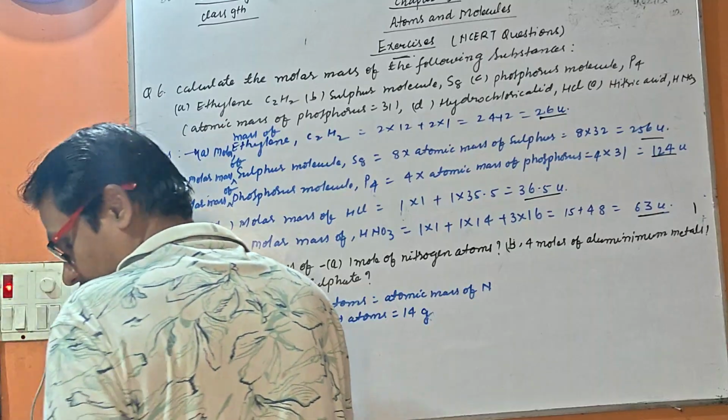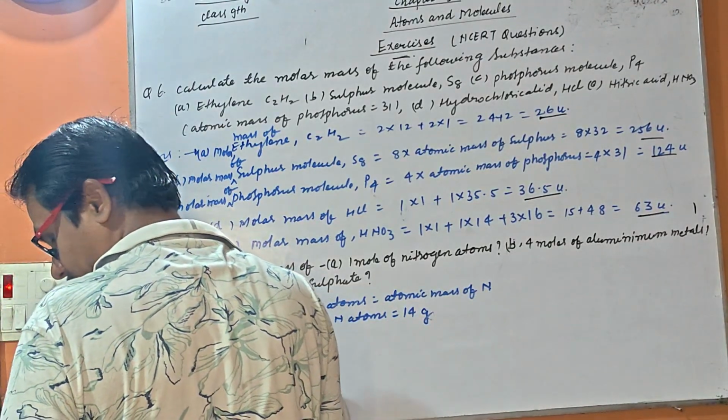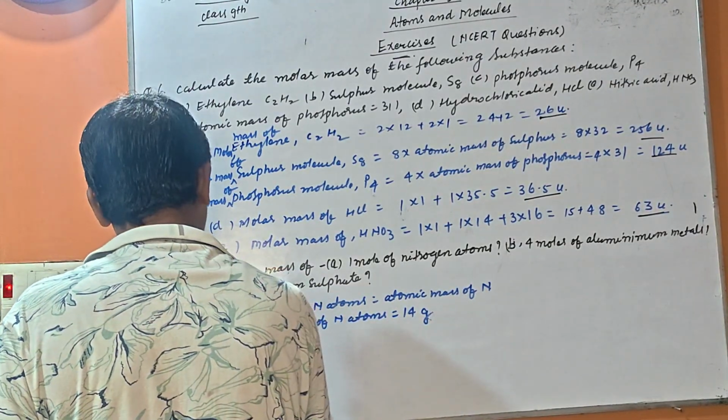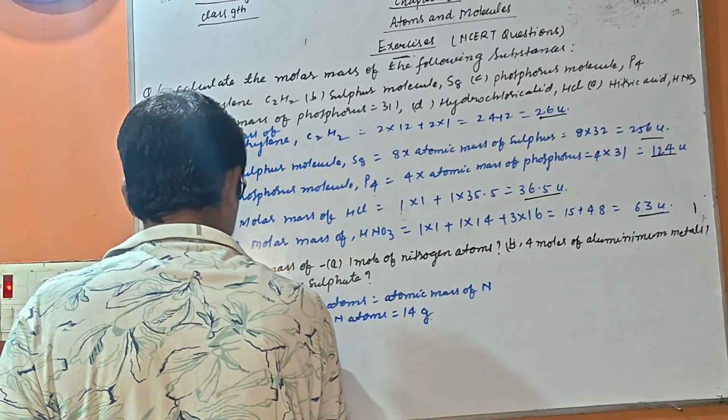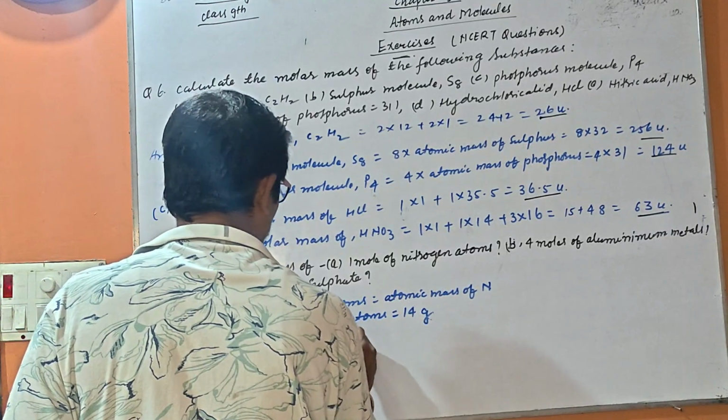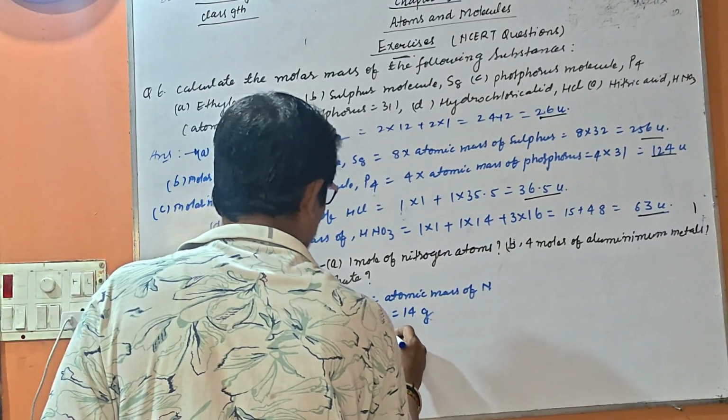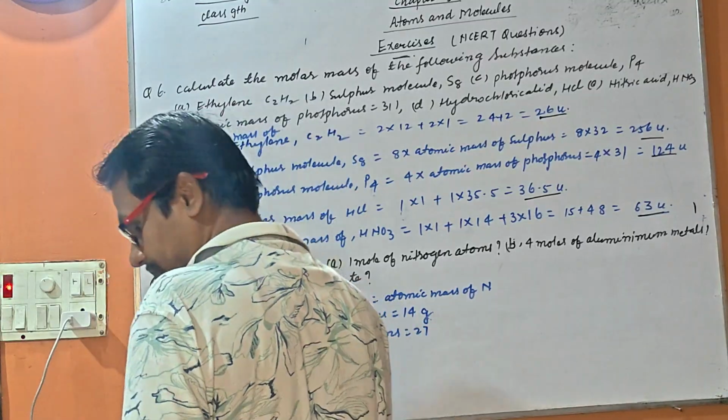B number, mass of 1 mole of aluminum atoms is equal to 27 grams.